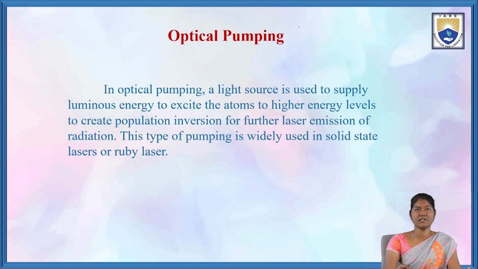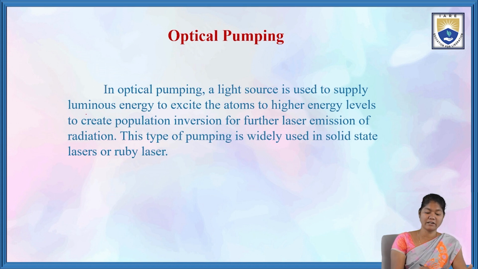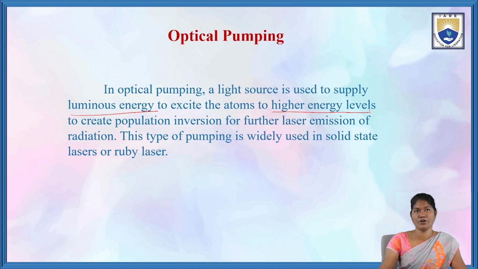So what are the various excitation mechanisms used for population inversion? One technique is optical pumping. In this optical pumping technique, we use a source of light to supply luminous energy to excite the atoms to higher energy levels, to create population inversion for further laser emission of radiation.